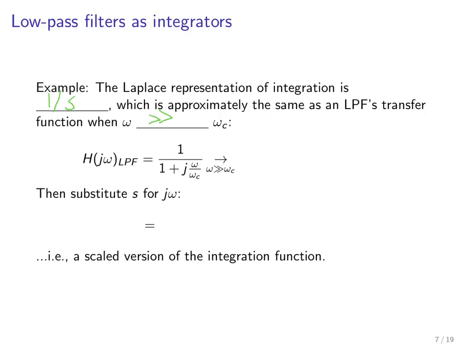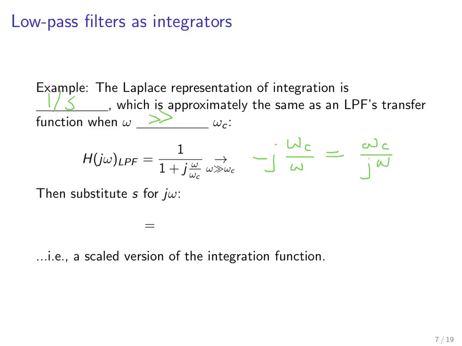So to see that, I am showing here the transfer function of a single-pole low-pass filter of the type that we've looked at so far. And if we take the limit as omega gets much, much bigger than the cutoff frequency, that is in the stop band, then this becomes minus j times omega c over omega, which is equal to omega c over j omega.